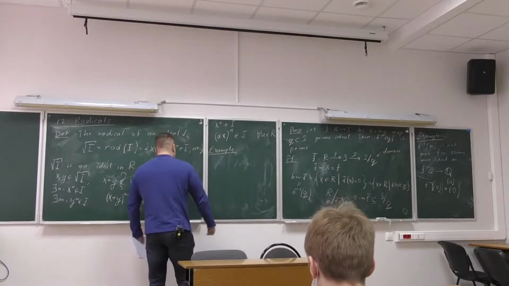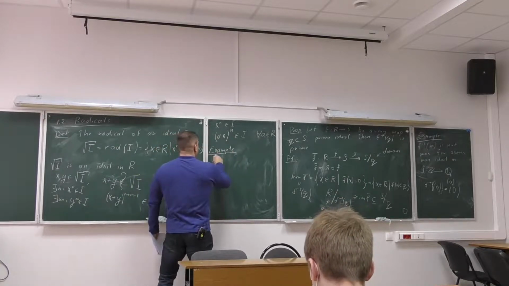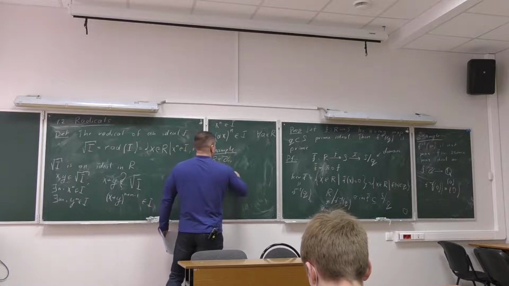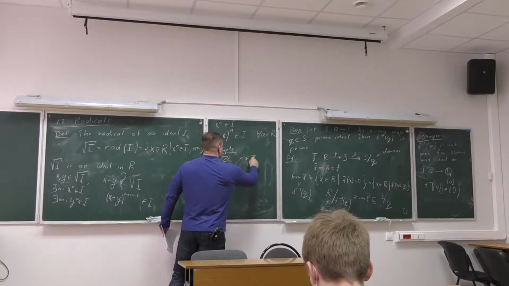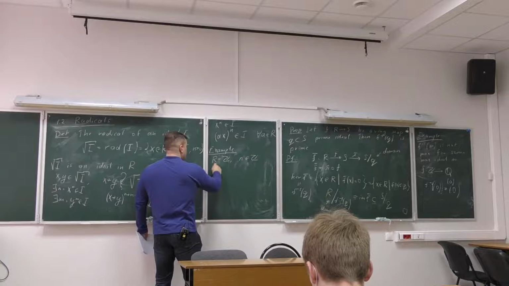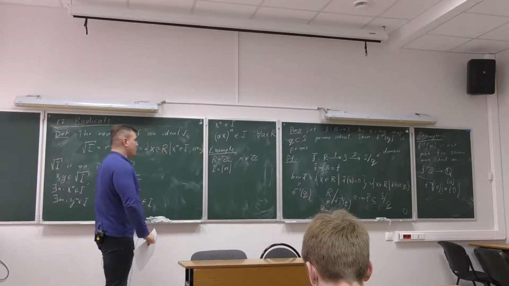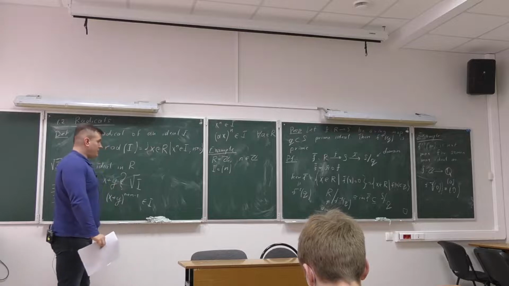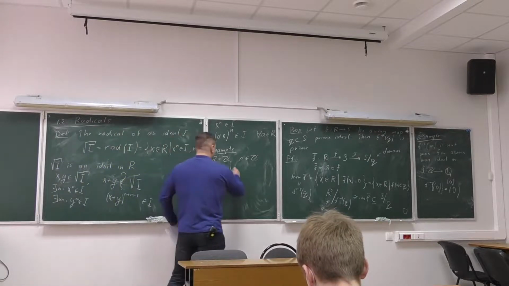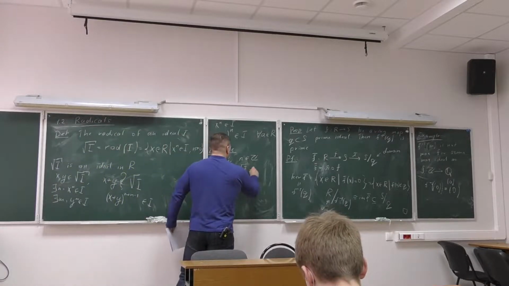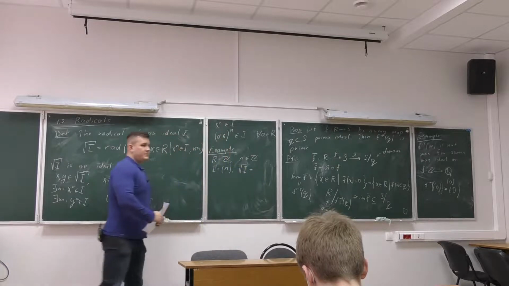Let's take something easy. Let's take the ring to be the integers, and let n be some integer. In this ring any ideal is principal, so take the principal ideal generated by n. So what's the radical in this case?